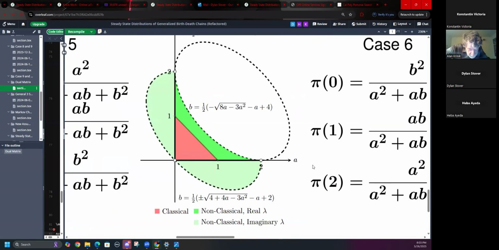The dark green is non-classical but real eigenvalues, and the light green are non-classical but imaginary eigenvalues. So this region is different than some of the other ones because it has this crescent shape on two sides. Anything in here that's colored will have a steady state distribution, sometimes classical but more generally non-classical.